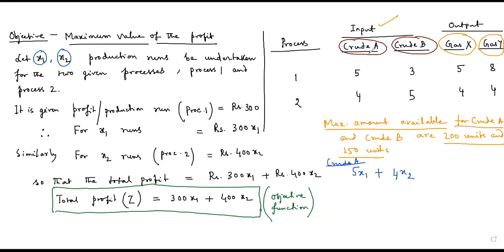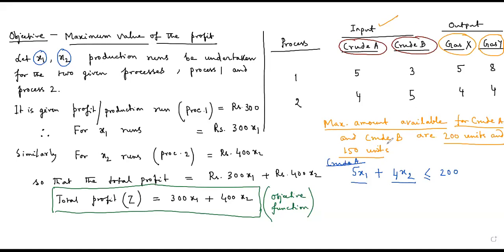That means with crude A, you are running X1 productions corresponding to process 1, and with 4 units of crude A, you are running X2 production runs corresponding to process 2. So this is for process 1, this is for process 2, and the material is crude A. Availability is less than or equal to 200.